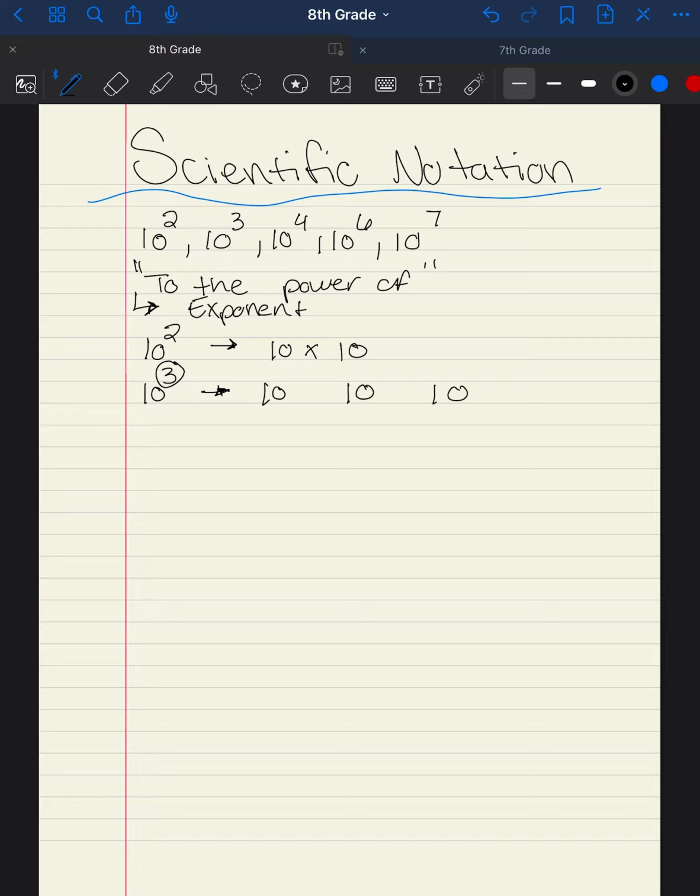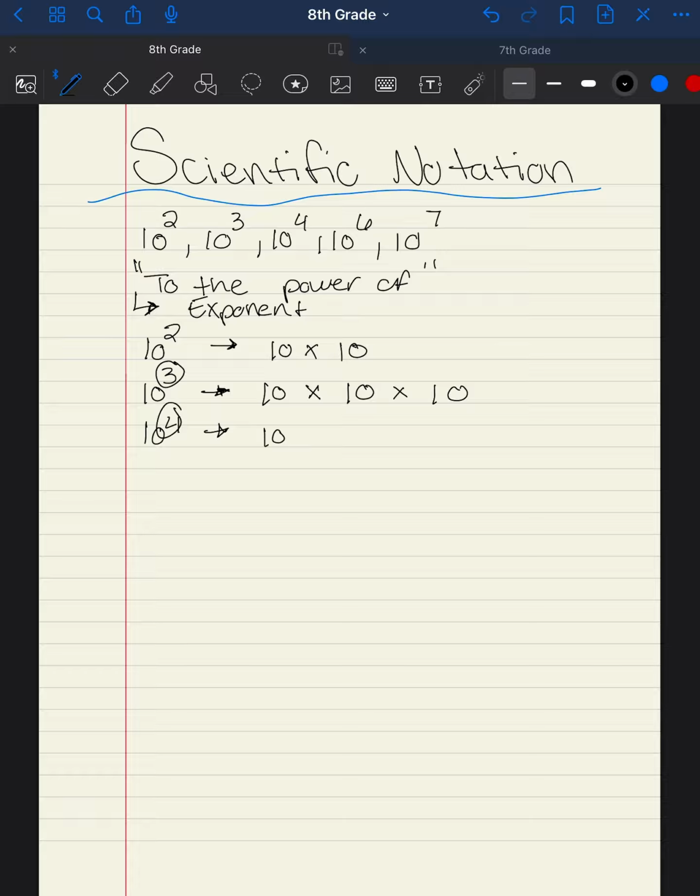Okay, but I'm missing something. The exponent is supposed to tell me repeated, what was it? Multiplication. So, multiply, multiply. I gotta remember to put that. Again, so on. 10 to the power of 4. How many tens occur? 4.